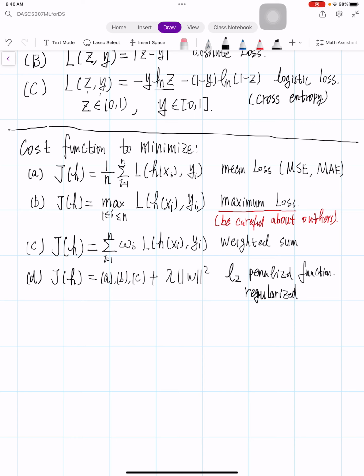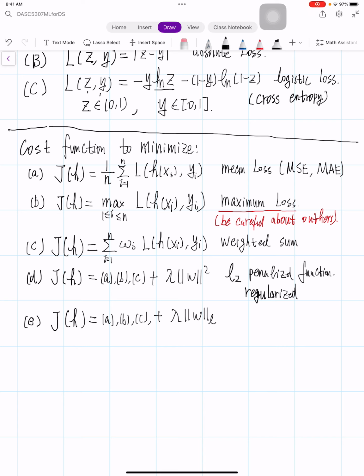Function. Similarly, we can also consider the L1 penalized cost function. It's also A, B, C plus a penalty with the L1.